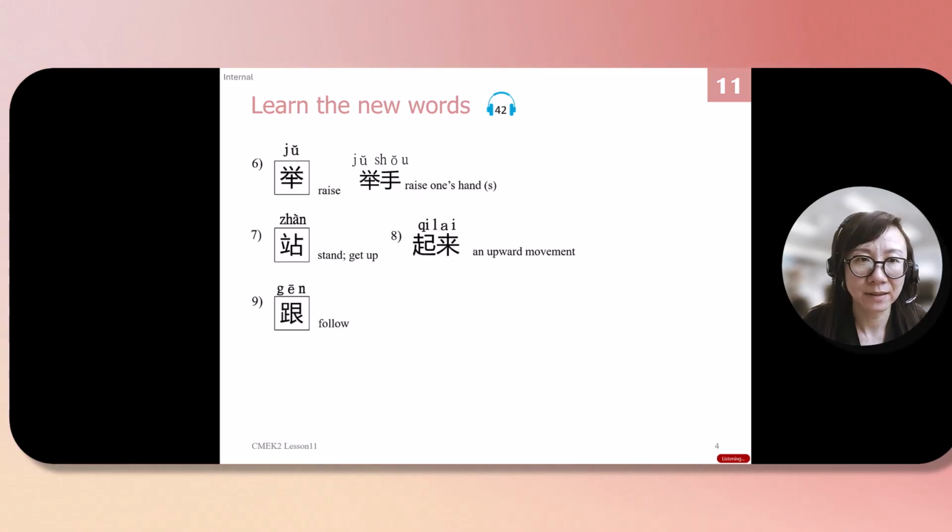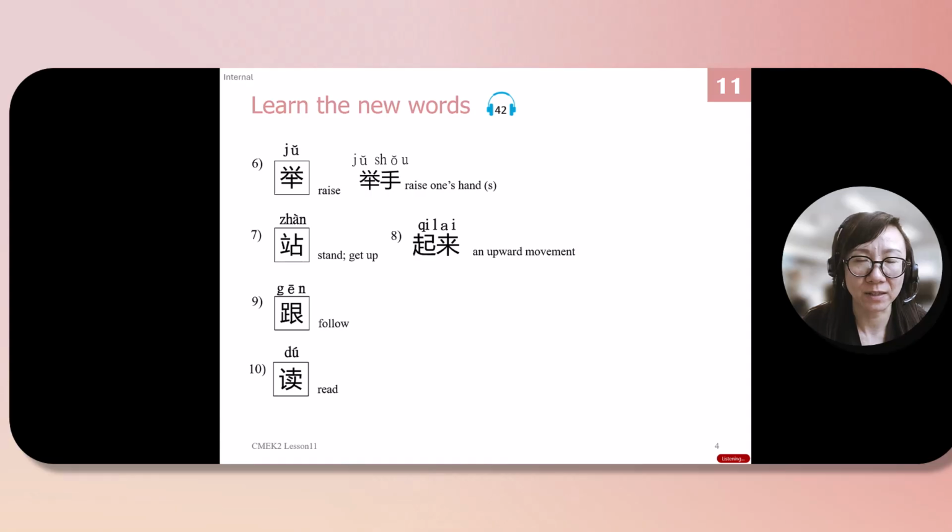跟 follow. 读 read. So when you read following someone, you can say 跟 someone 读, right?